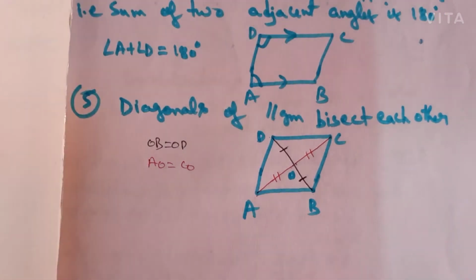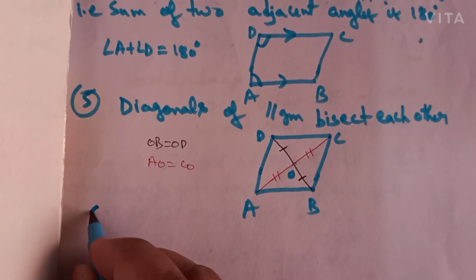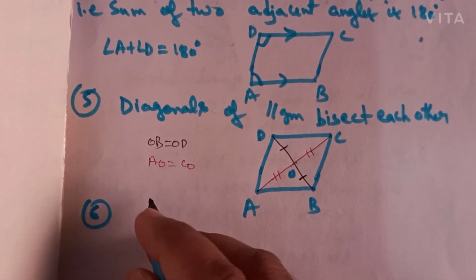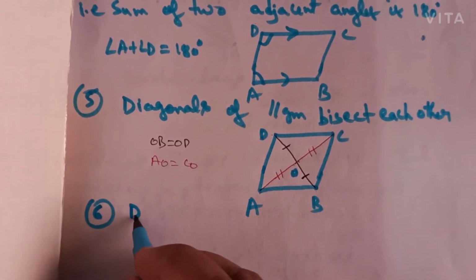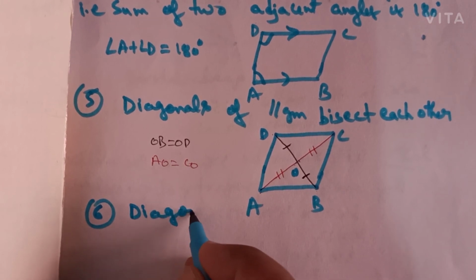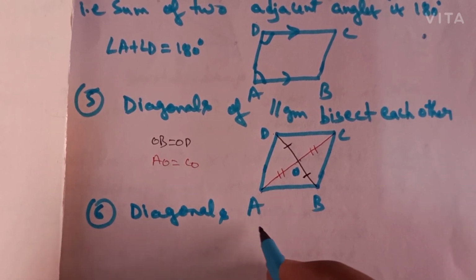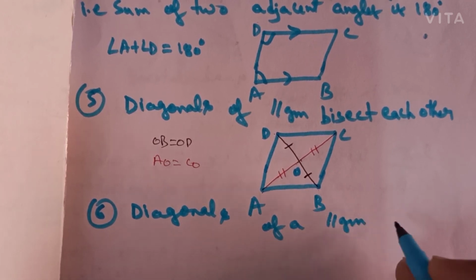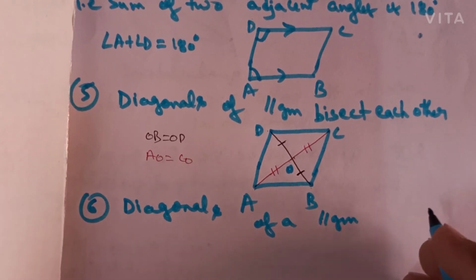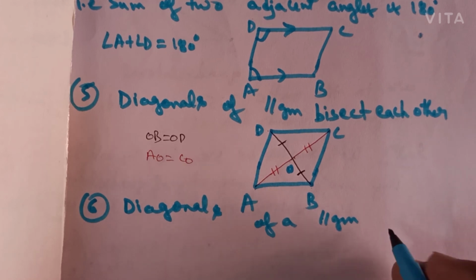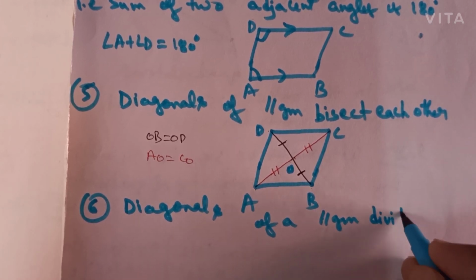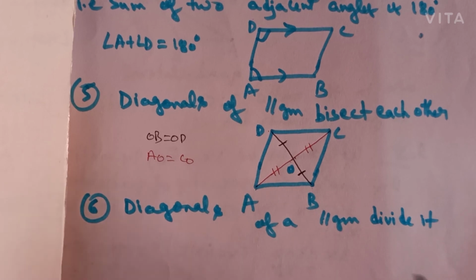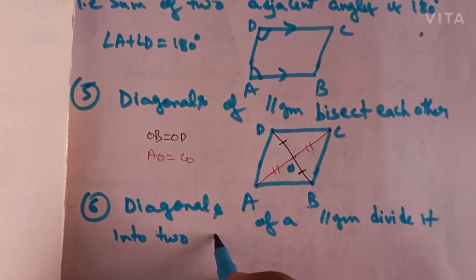Okay. Next, one more property is there, that is the diagonals of a parallelogram divide the quadrilateral into two congruent triangles.